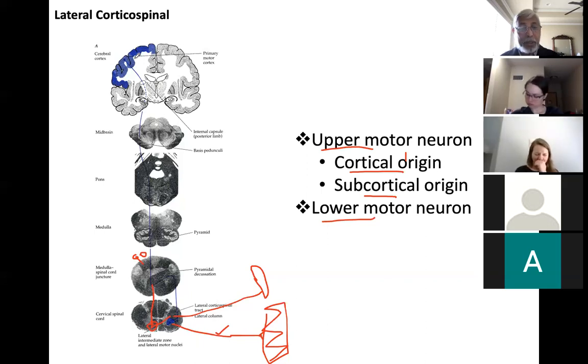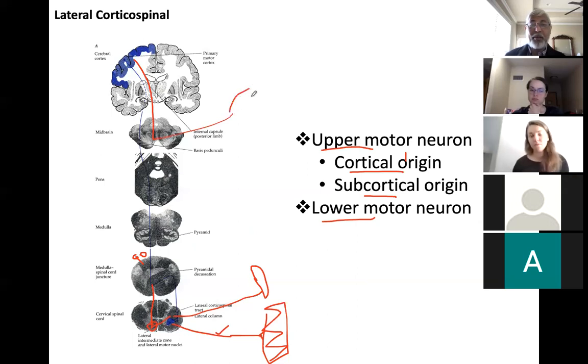Which cranial nerve is it? It is hypoglossal, right? Do you think hypoglossal will come all the way to the spinal cord and then go? No. Hypoglossal will stay around here in the brainstem. Their fibers will originate from the cerebral cortex, and then around here in the brainstem, it's not exactly the place, they will go to the tongue muscle.